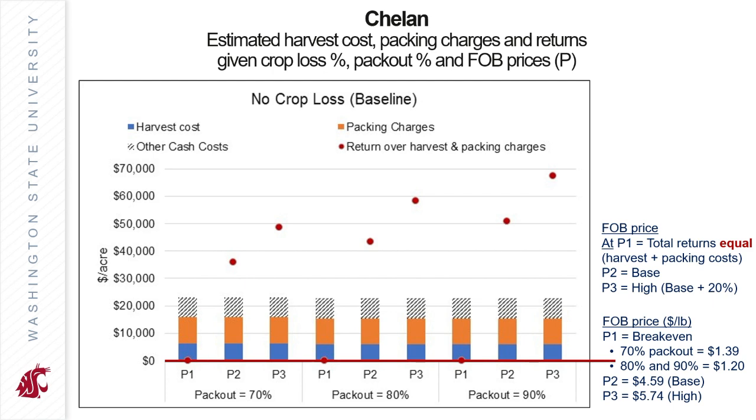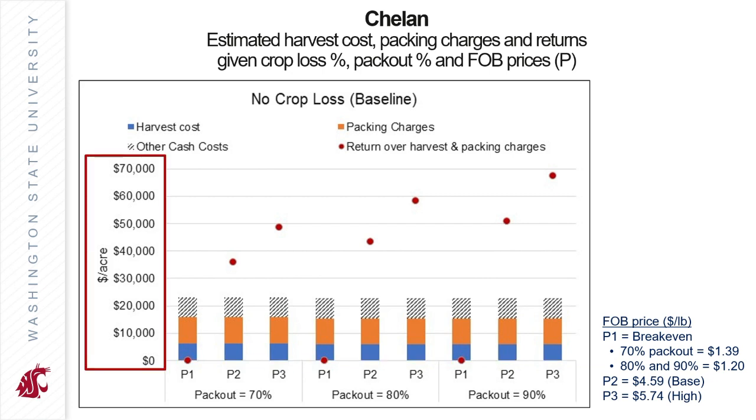We denote P1 as the break-even price. It is $1.39 per pound when pack out is 70%, and $1.20 per pound when the pack out is 80% or 90%. P2 is the base price as of 2022, and P3 is what we consider a high price, which is 20% higher than the base price.